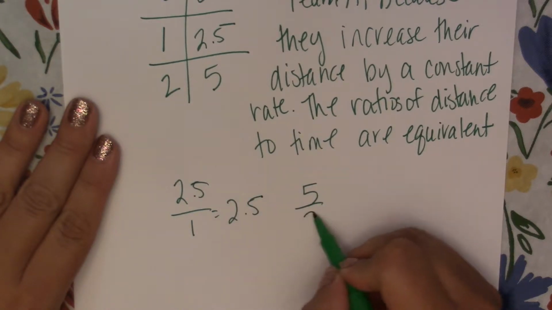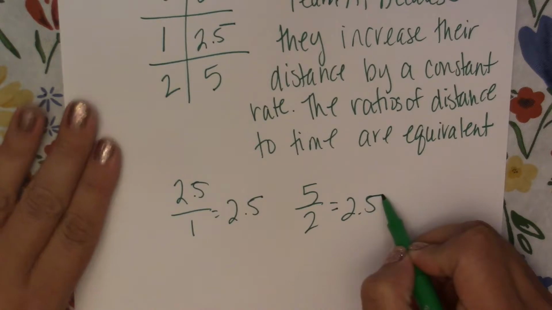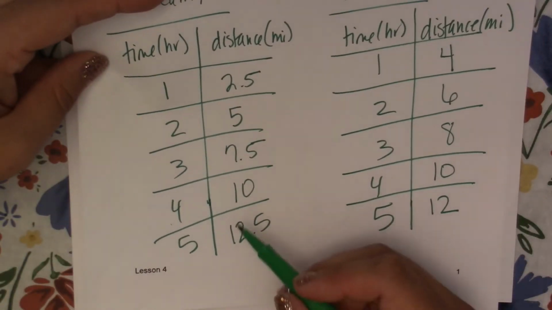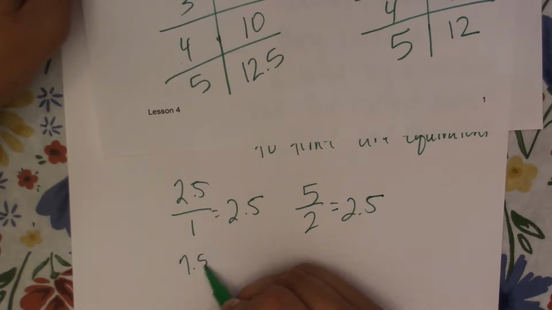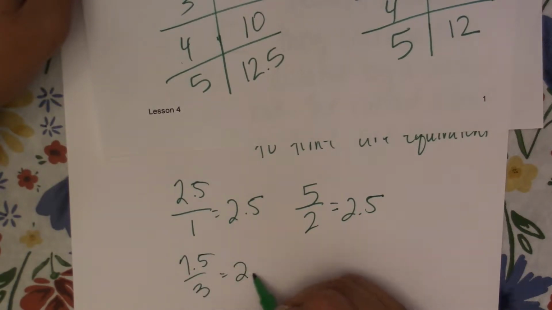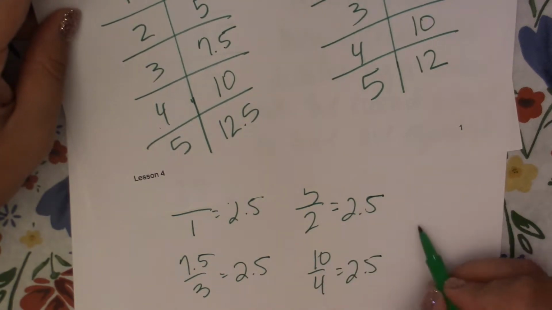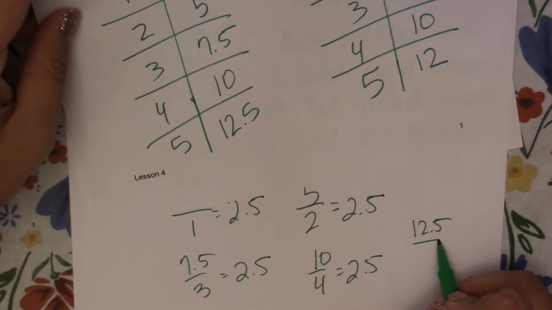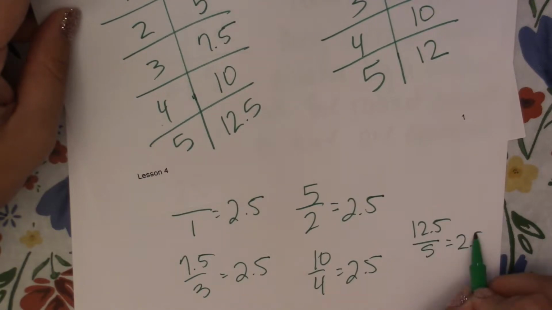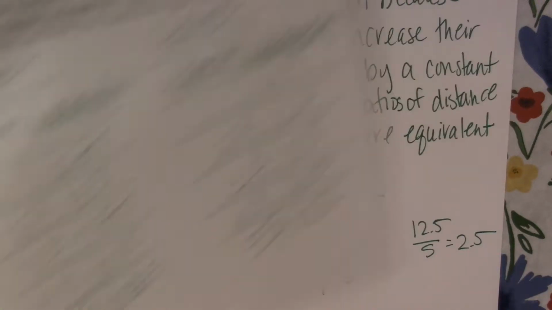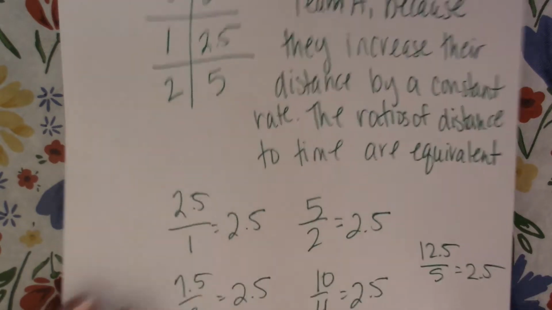If we go 5 to 2, we get 2.5. If we go back to our table, so 7.5 to 3, we get 2.5. If we go 10 to 4, we get 2.5. And if we go 12.5 to 5, we also get 2.5.